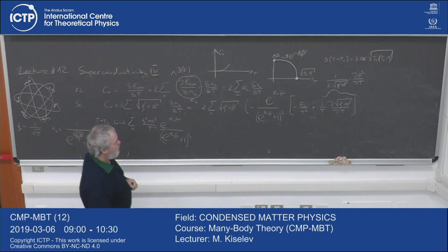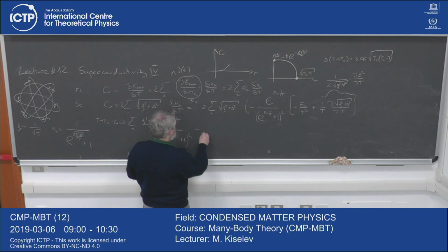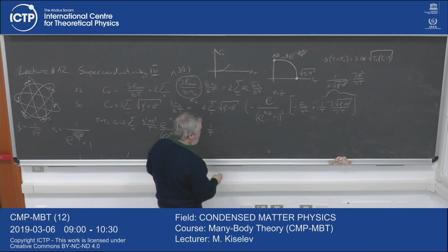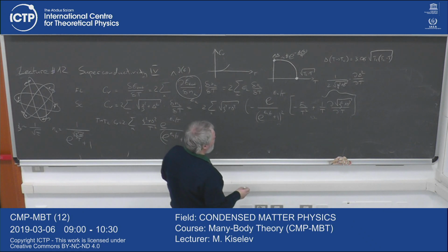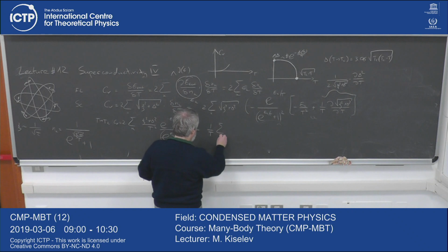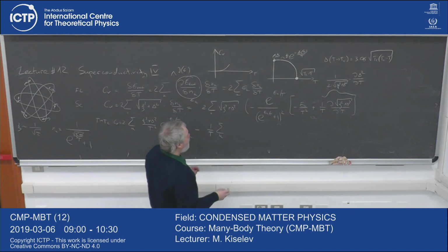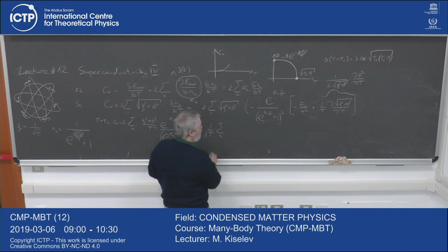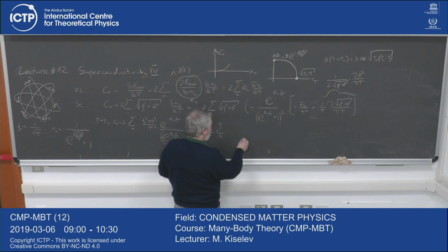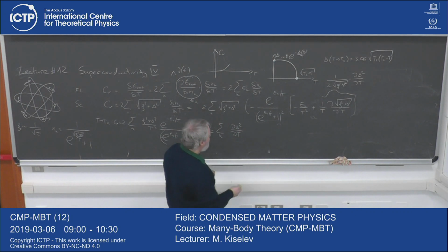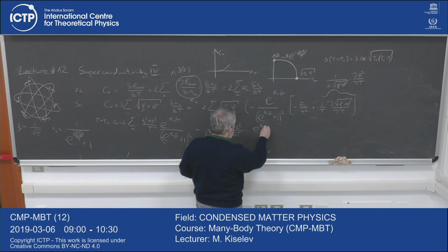This is the first term. And then we have minus 1 over temperature, sum over K, and it's 1/2, d delta square over d temperature, times the same factor e to the power Ek over temperature, over e to the power Ek over temperature plus 1 square.